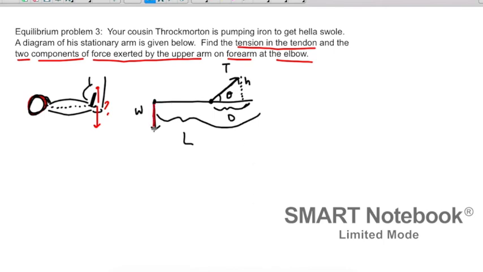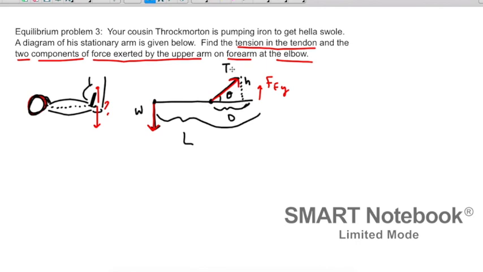So let me redraw my forces here so that we don't get confused. And let's say that for now, let's guess that the upper arm exerts an upward force on the elbow. So I'm going to call this the force at the elbow in the y dimension. And now this question should be really easy. What direction does the upper arm have to supply a force to the forearm in the x direction?